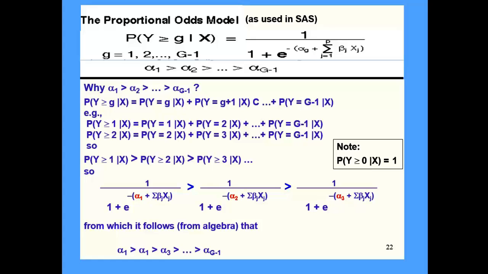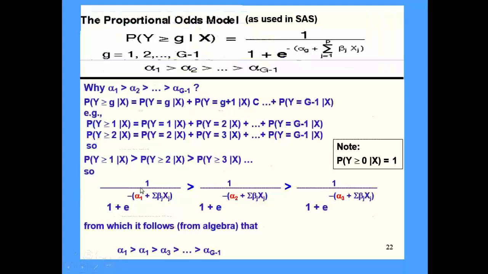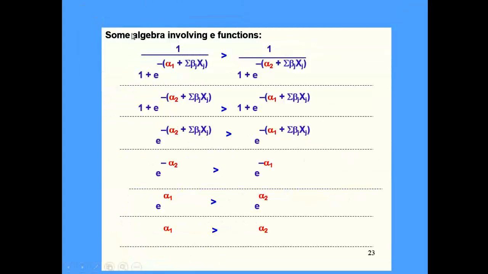No, because there's more algebra to do. Okay? And I'm just going through the gory details of the algebra. Now I'm focusing on the first and the second alphas. So what I've just shown here is that this one's greater than that. I just wrote it up here again. If this is greater than that, then the next line has to be true also. What have I done with the next line?